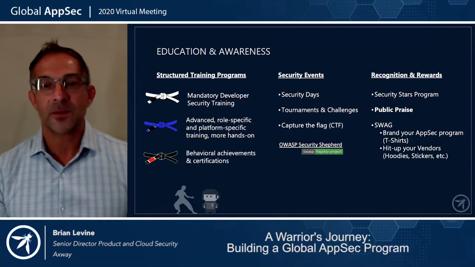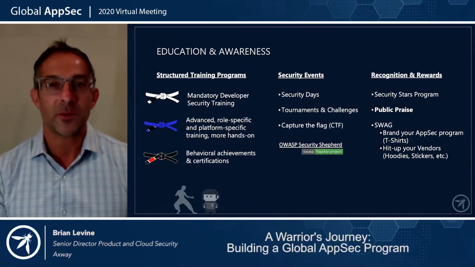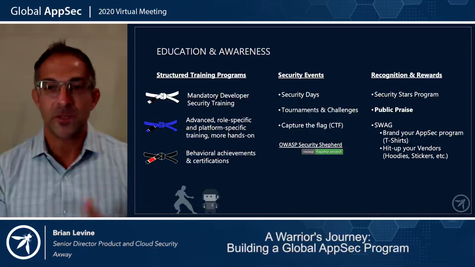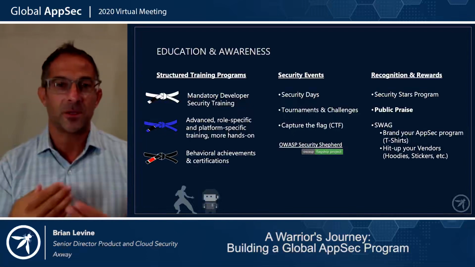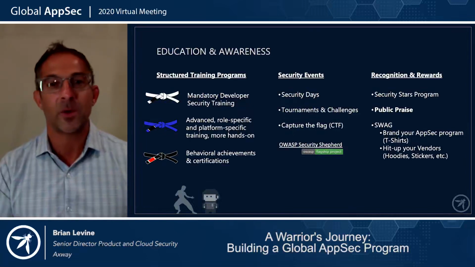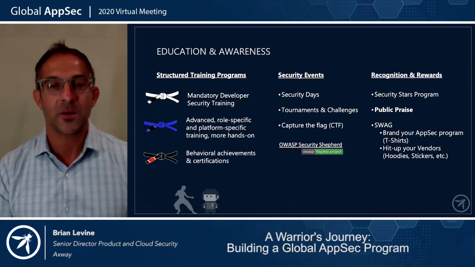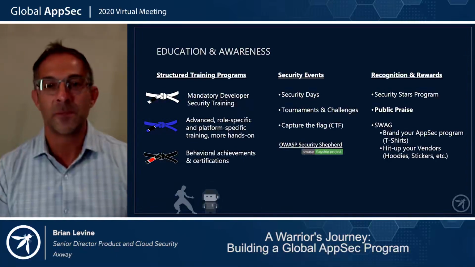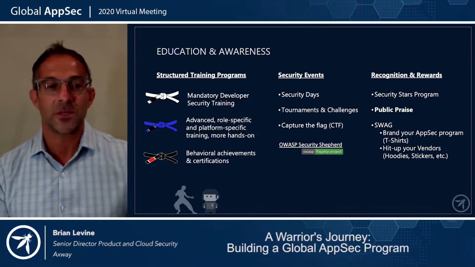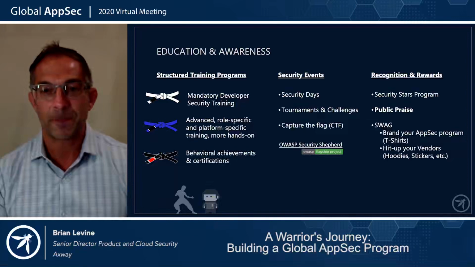And the black belt is more behavioral achievements and certifications. This can be hosting a security meetup, writing a security blog post, or publishing something internally or externally. These are all behaviors that contribute to someone's achievement of the black belt.